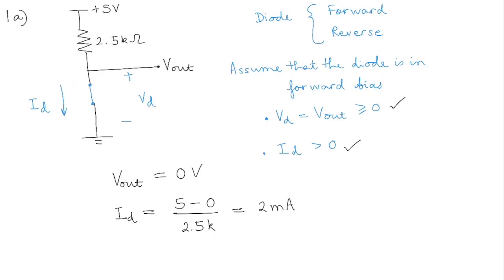Now let's take part B as well. I'm going to do part B as well just to help you see how we solve these problems. Okay, let's do part B. So here's 1B, and in this case again we have a resistor. The circuit actually is exactly the same, other than the fact that the diode is connected opposite, right?